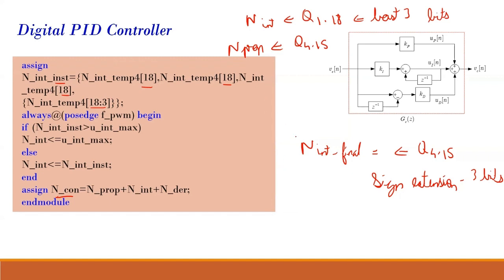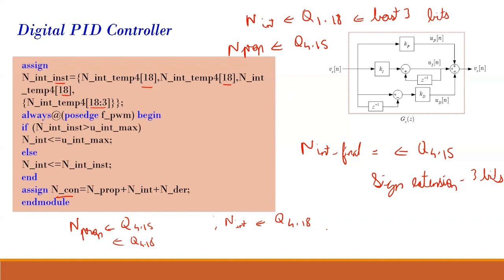Okay, understood. So my n proportional was Q4.15. My n integral was Q1.18. Conventionally, what we have shown you till now was I make this Q4.18, and I make this also Q4.18, and then I add them. That was what we used to do. But these last 3 bits are very insignificant. They're not necessary.